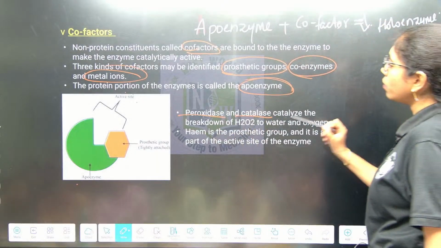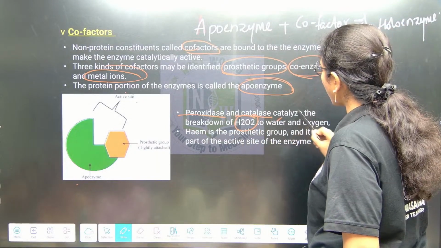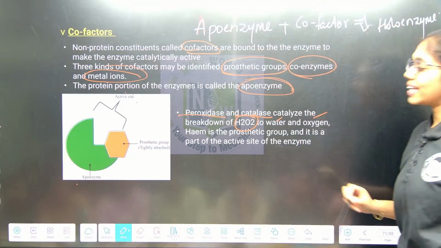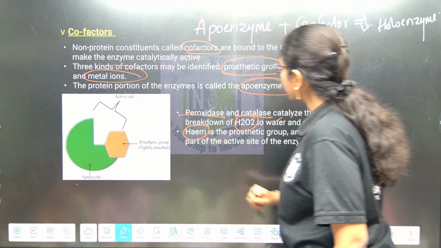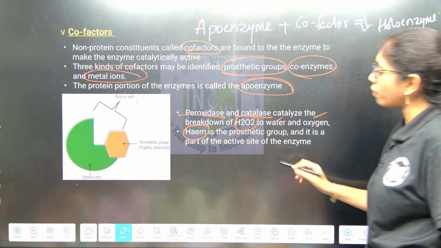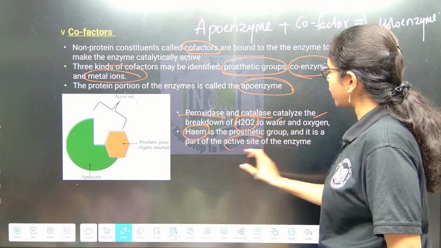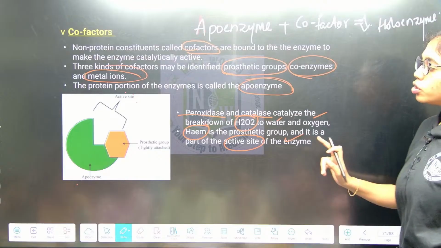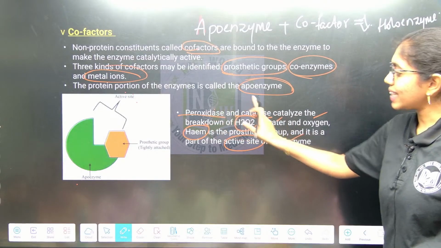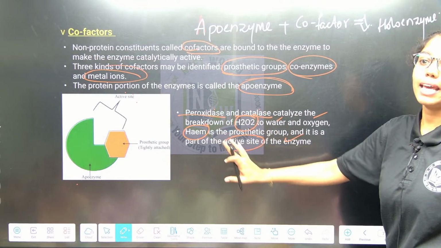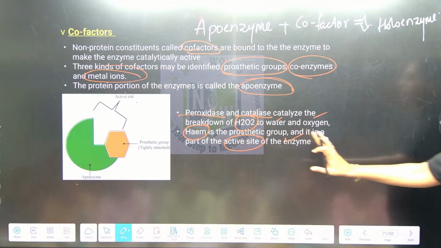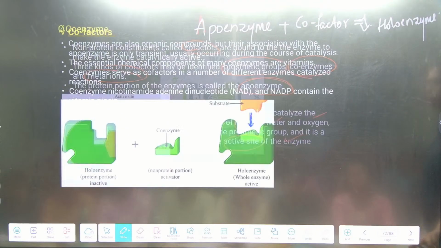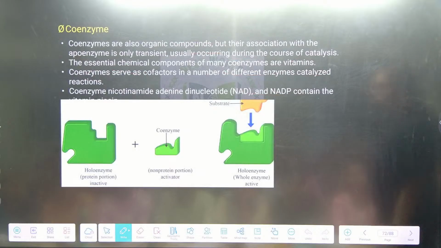They will break down hydrogen peroxide to water and oxygen. Second example, heme is the prosthetic group and it is part of the active site of the enzyme. Two examples, peroxidase and catalases. Second is heme group. Clear? These are the examples under what? Prosthetic groups.